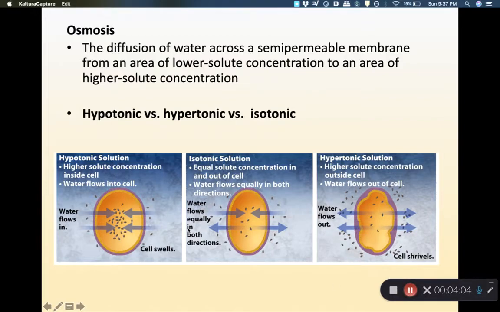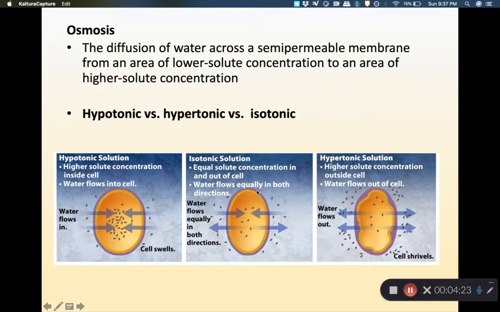So what does that mean specifically? For example, in a hypotonic solution, we have a higher solute concentration inside the cell. And that means that the water is going to flow into that cell, and the cell is going to expand.